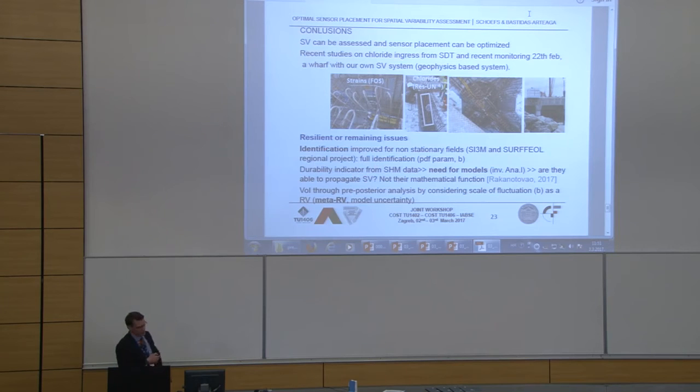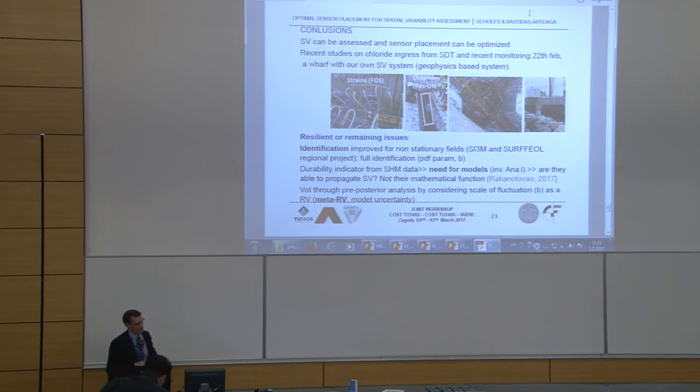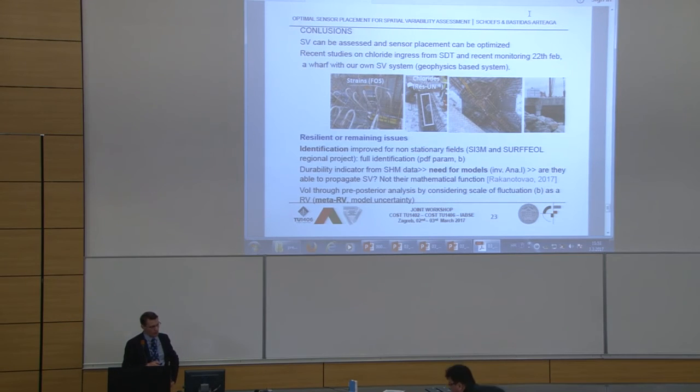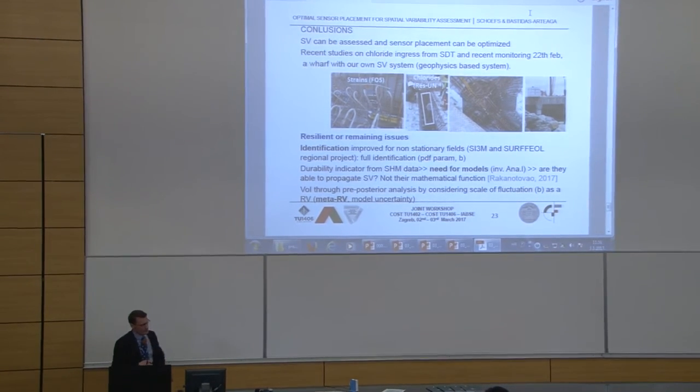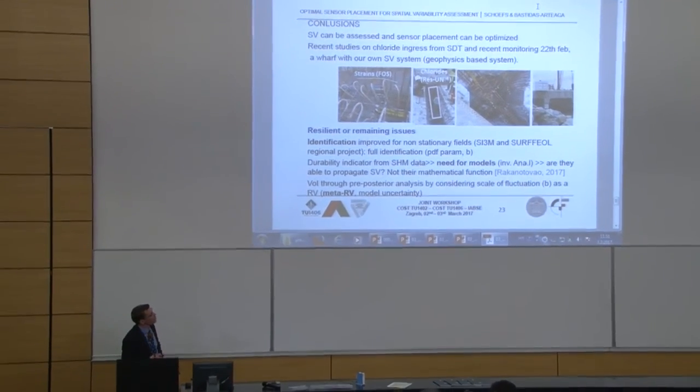So we monitored last weekend a wharf with specific sensors that we developed, a geophysics-based system that is used to capture this spatial correlation of chloride in a real structure. Some sensors could be developed to do that. And there are some remaining issues, so that's the identification that should be improved, including for non-stationary fields.